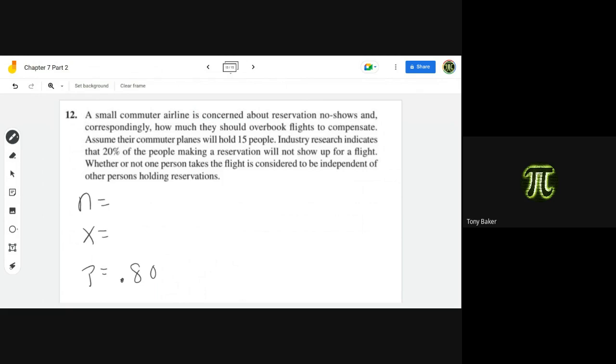Next thing is, my plane will hold 15 people. Is that going to be my N or my X?